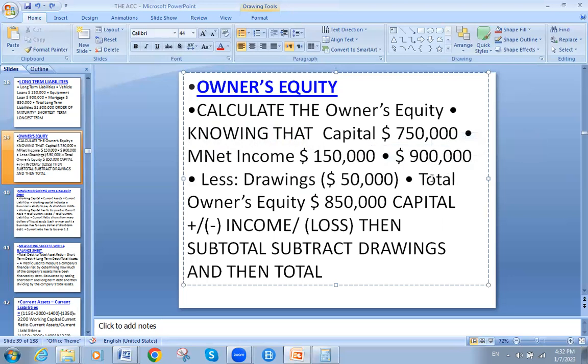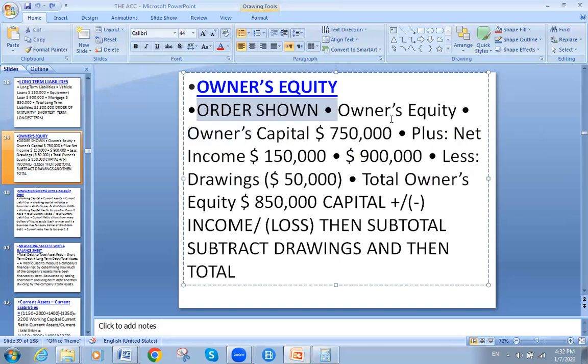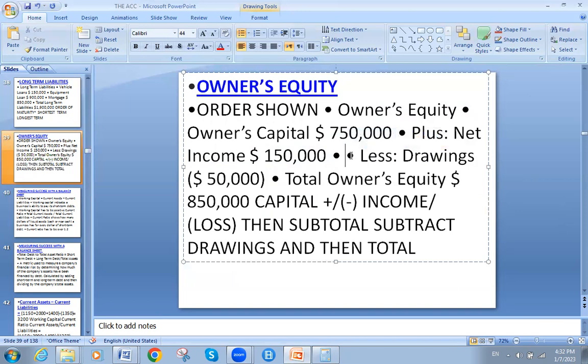I think we did something wrong. That's fine. I will just return it back the way it is here, so it will be clear. I will take 750 plus the income minus the drawings. This will give me the 850, which is the owner's equity. That is how to calculate. This 900,000 is the total of 750 plus 150,000. So we can remove it here now, because it will confuse you. So it will be like this.